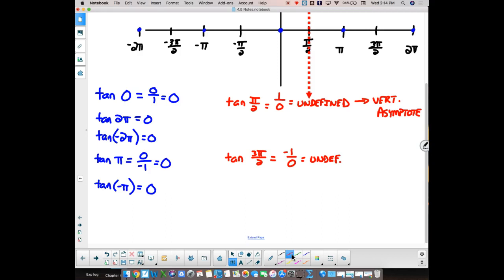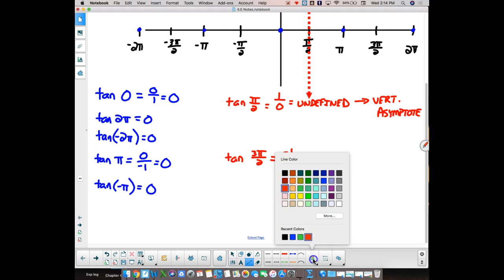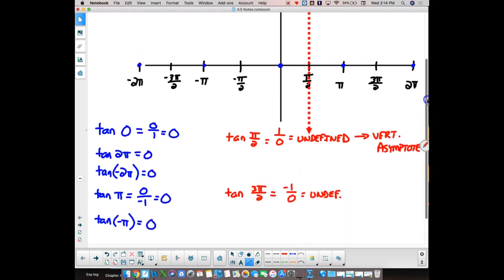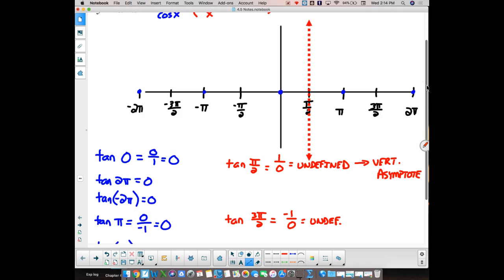So that would also be a vertical asymptote then, correct? Yep. Now, let's do some fun unit circle math.